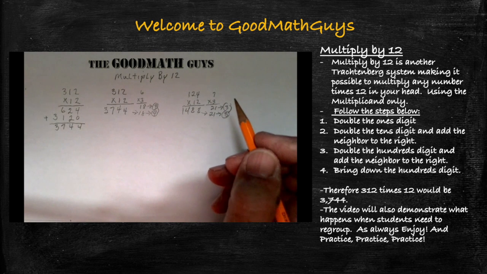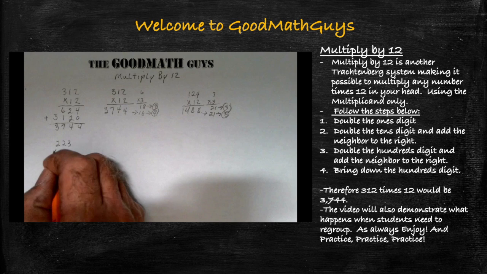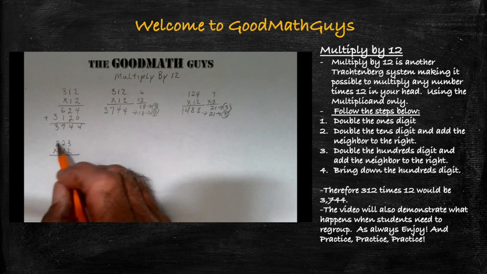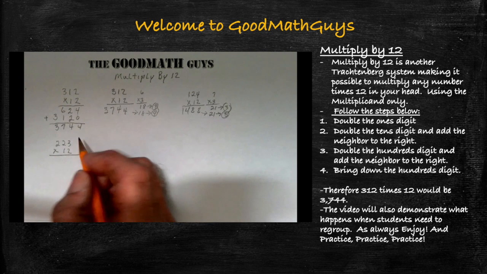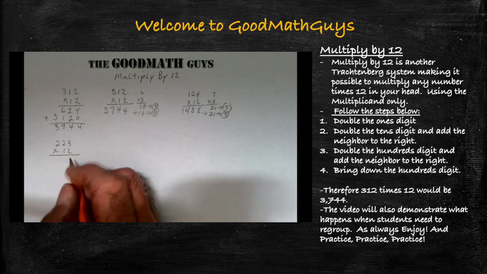Let's try another one. How about 223 times 12? Again, the only thing that gets manipulated is the digits of the multiplicand. So step number 1, double the 1's. So 3 doubles to 6.